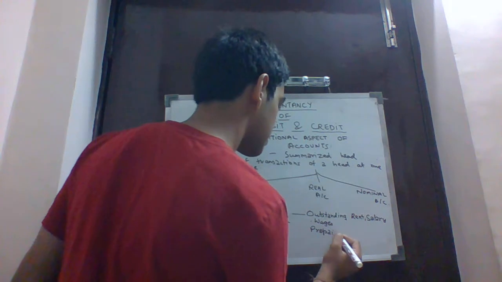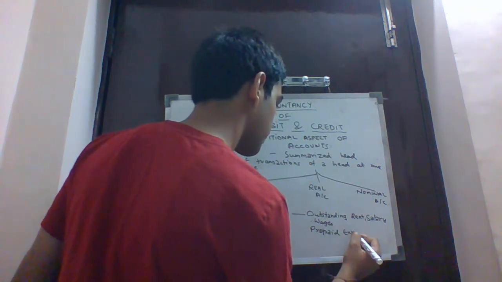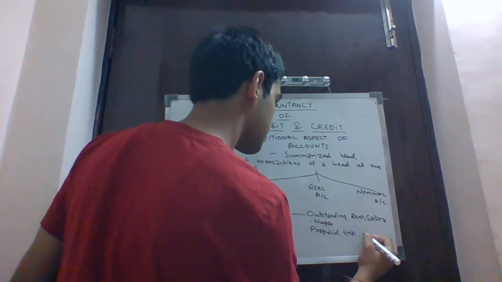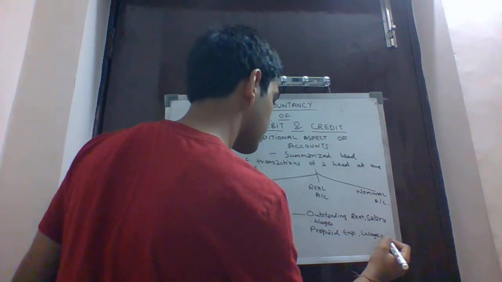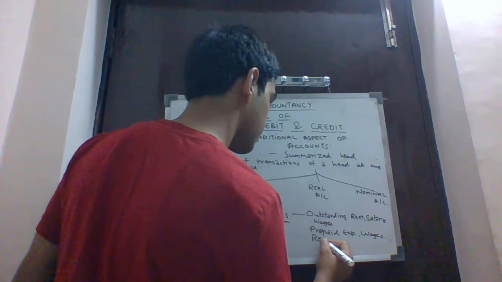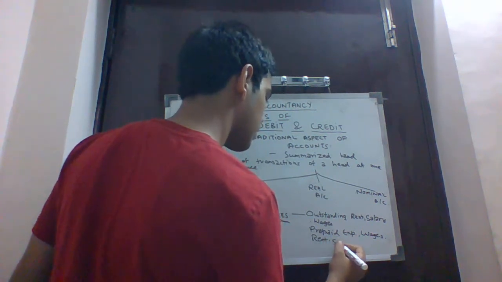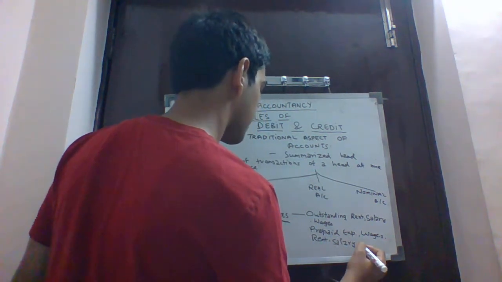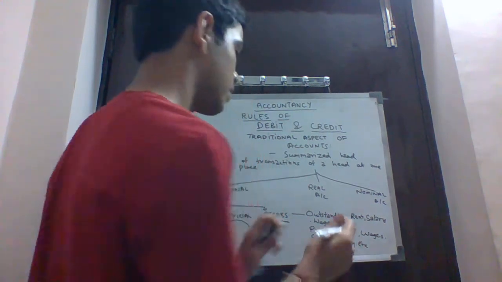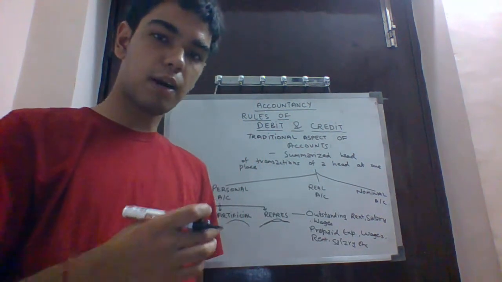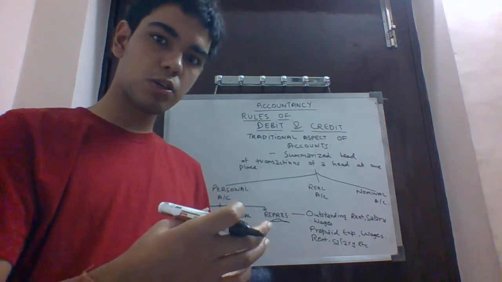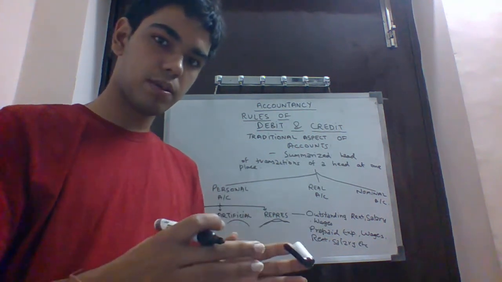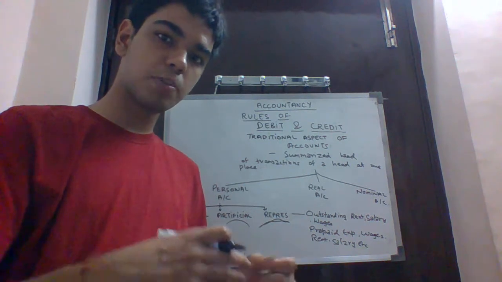Prepaid expense will account for prepaid wages, rent, salary, etc. Now, what is outstanding and prepaid? Outstanding is the one which has been accrued but is not being given. That is, which has been accrued but which has not been spent.